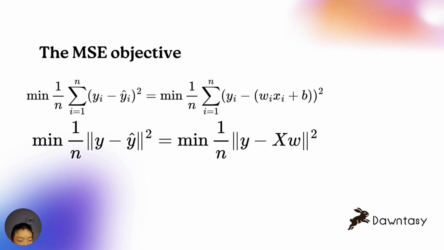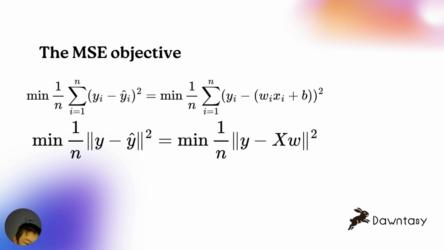So let's see the objective. What I just described was the intuition of MSE. But mathematically, you can see it's saying the same thing. It's the difference between y, the true value, and y hat, in which y hat is our prediction, square that, and then take the mean.